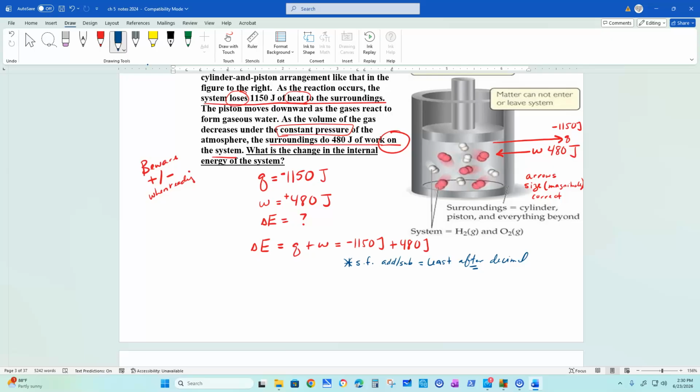Now, if you don't get the answer negative 670, you may not have hit the right button. The negative on your calculator should be a button down at the bottom by the decimal button, near your 0 button, not over on the right side next to the addition.